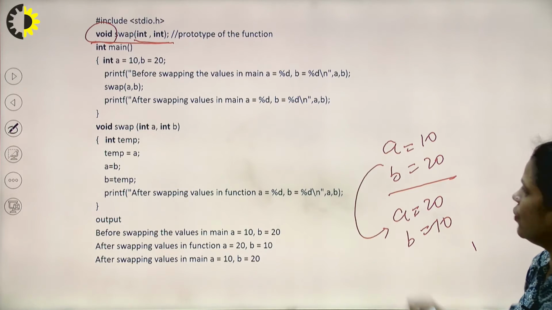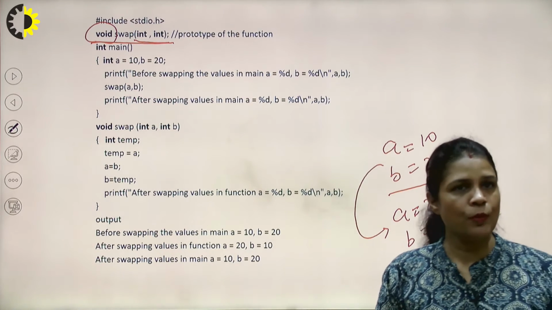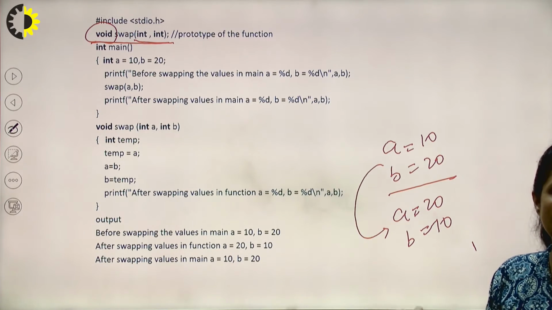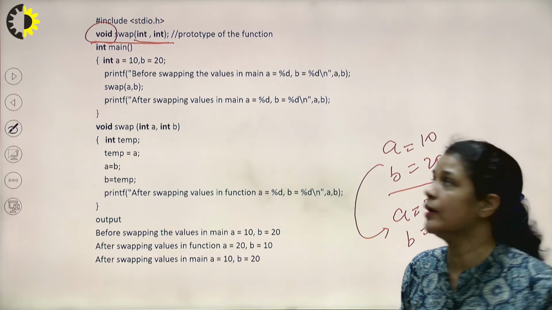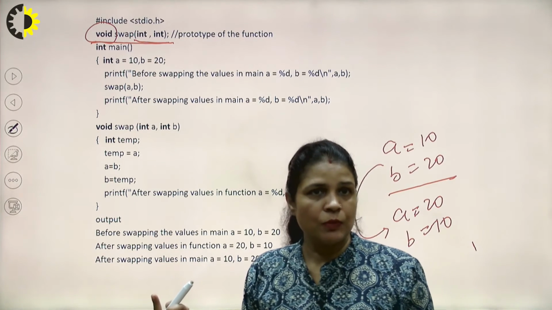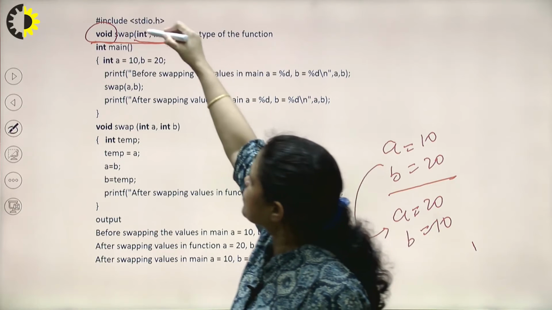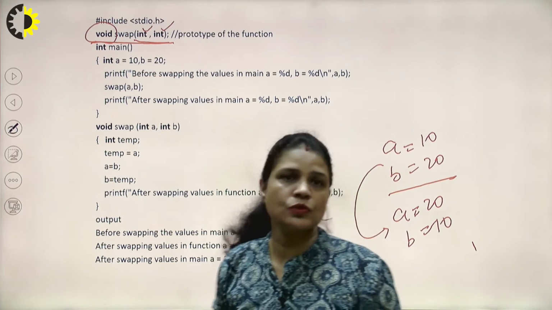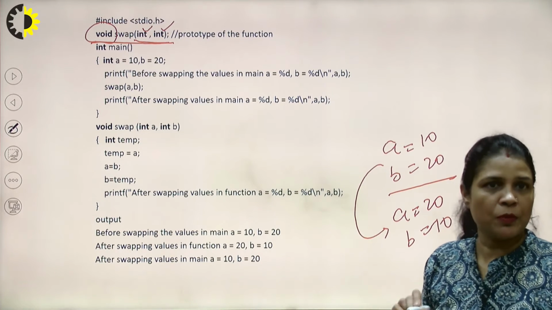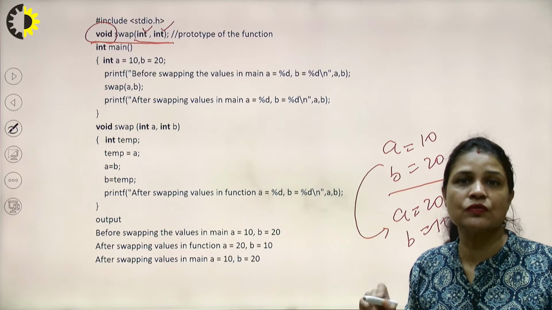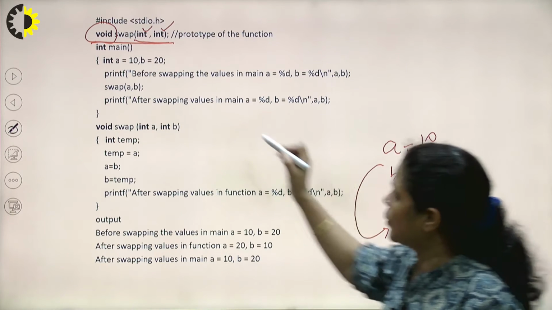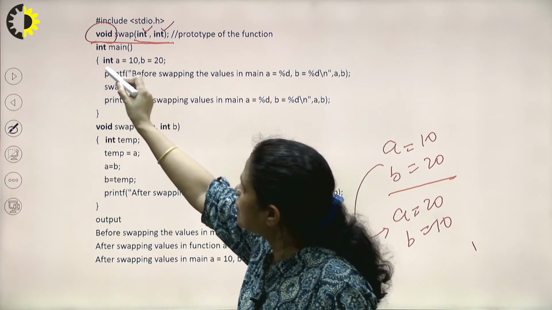We want to do that, right? Two numbers should be swapped, which means two variables are required. What is the type of those variables? Let's suppose we are taking integer. So this is the prototype of the function, or in other words, the declaration of the function, right? Okay. So in main, what are we taking?